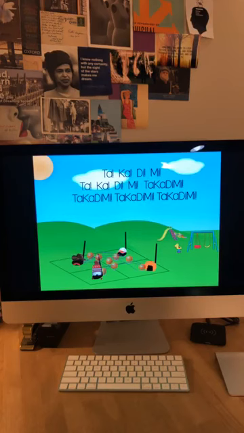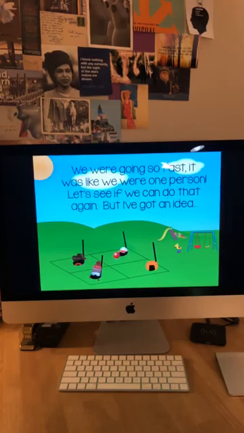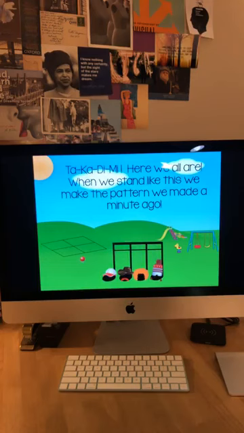Ta, ka, di, me, ta, ka, di, me, ta, ka, di, me. We were going so fast, it was like we were one person. Let's see if we can do that pattern again, but I've got an idea. Ta, ka, di, me. Here we all are, and when we stand like this, we make the pattern that we said a minute ago.